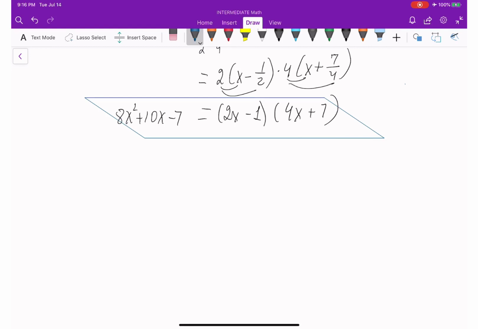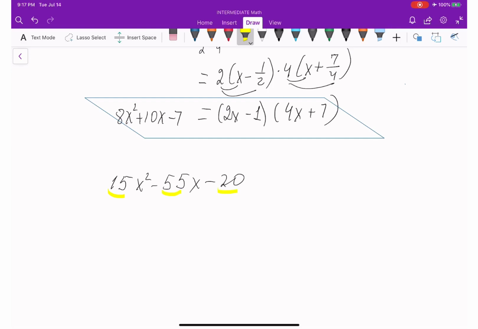Next. This is also a very interesting case. 15x squared minus 55x minus 20. So what I'm going to do first of all, look at these numbers, 15, 55 and 20.